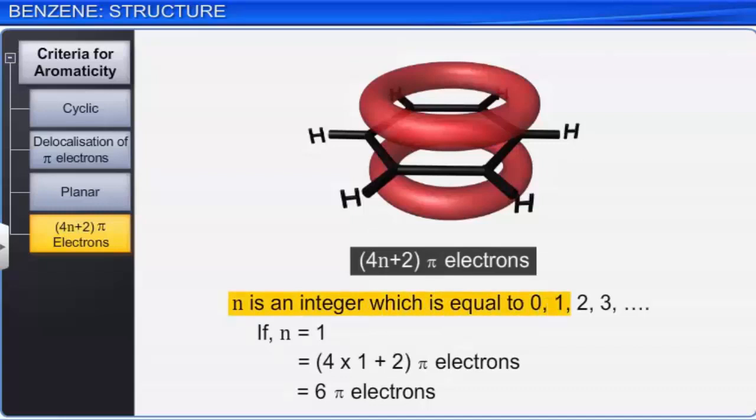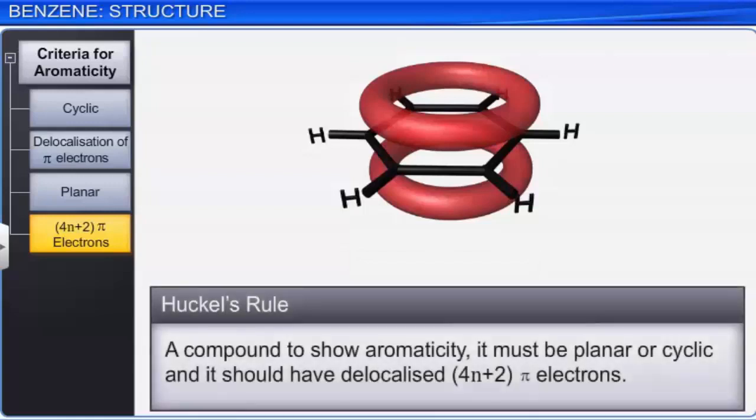This means, for a compound to show aromaticity, it must be planar or cyclic, and it should have delocalized 4n+2 pi electrons. This is known as the Huckel's rule.